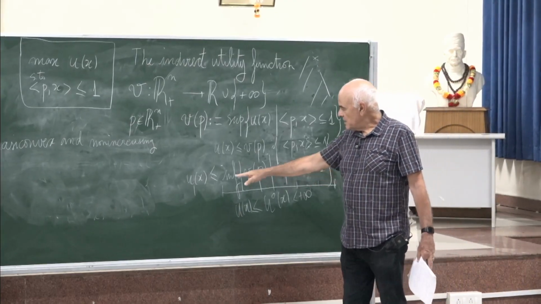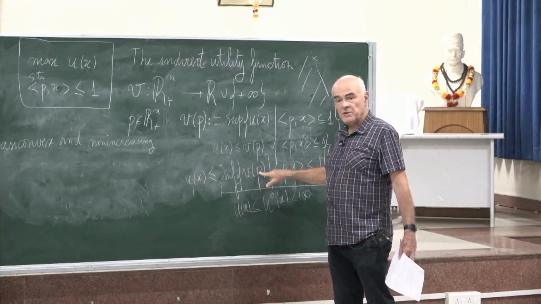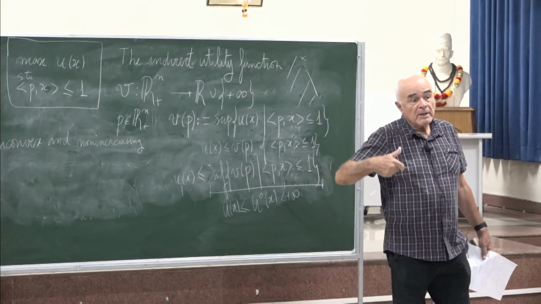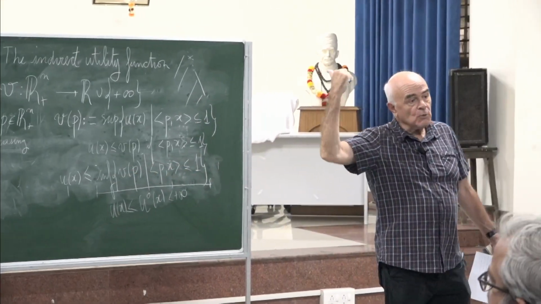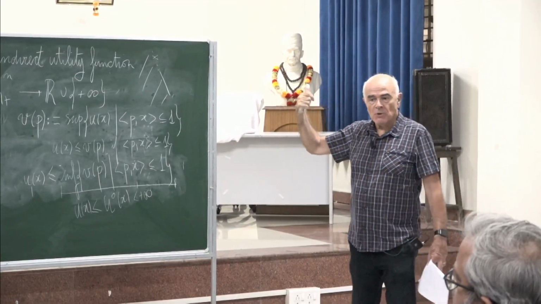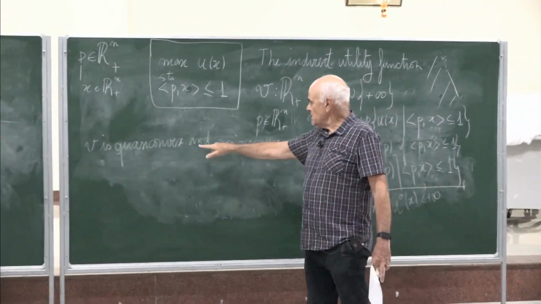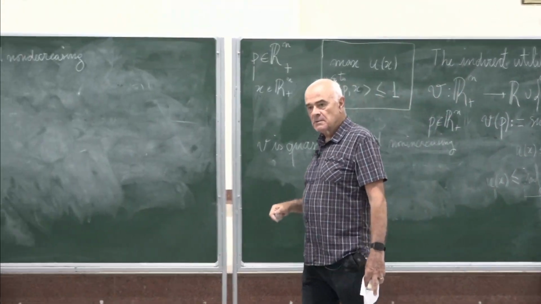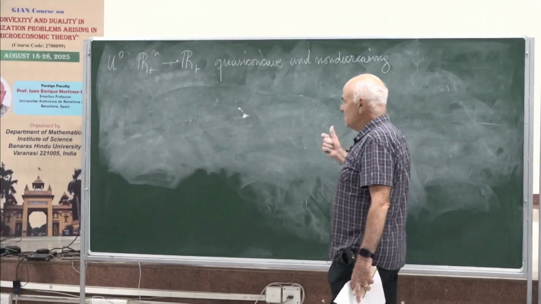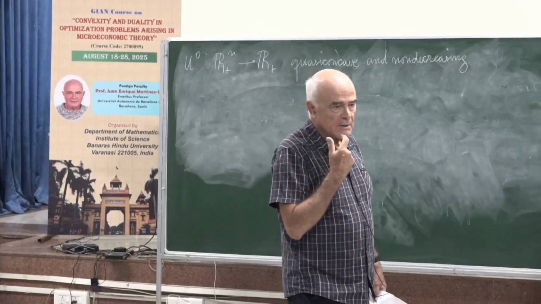So if you change here, you have minus sup of minus V of p. Minus V of p is like u there. And we saw that we don't need any property on u. So with a minus sign, it would be quasi-convex and non-increasing.